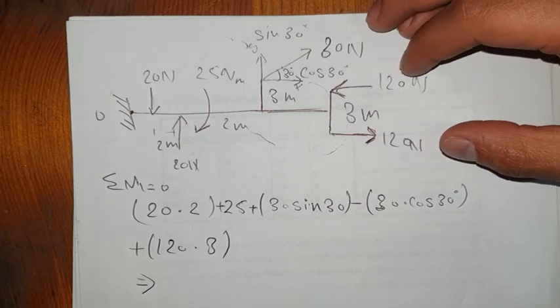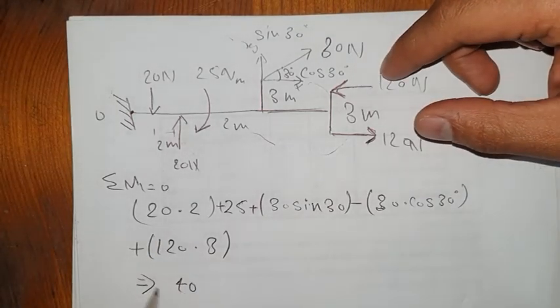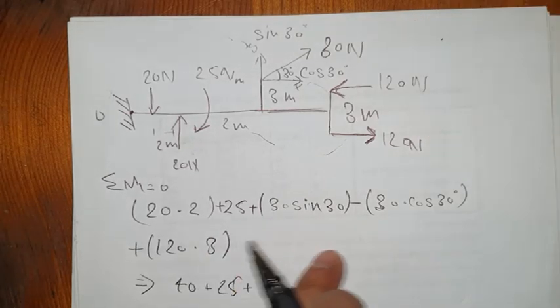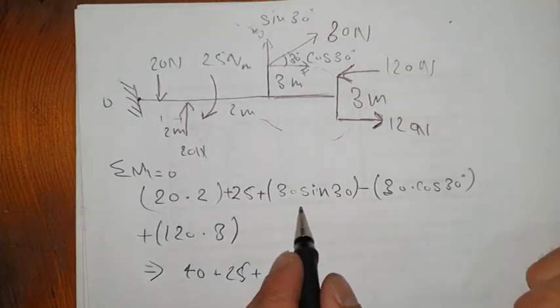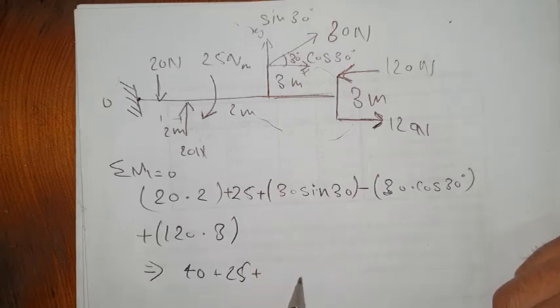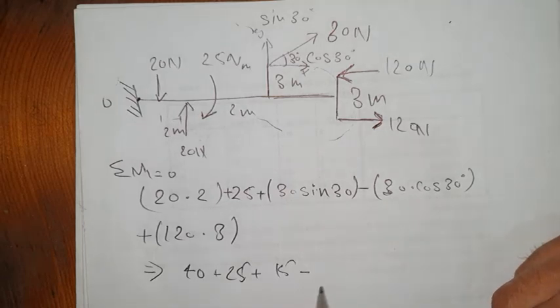So finally we will multiply all these things: 20 times 2 is 40, plus 25, plus sine of 30 times 30 is 15, and minus cosine of 30 degrees times 30, which is minus 25.98.